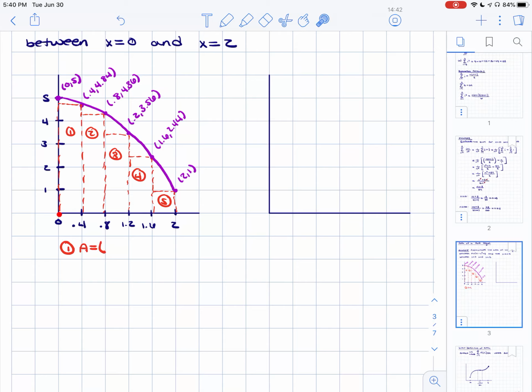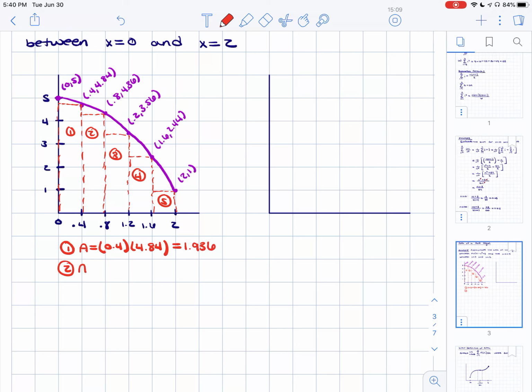Each of these has a length of 0.4. And the width, or the height, whatever you want to call it, is this 4.84. That would give us 1.936.